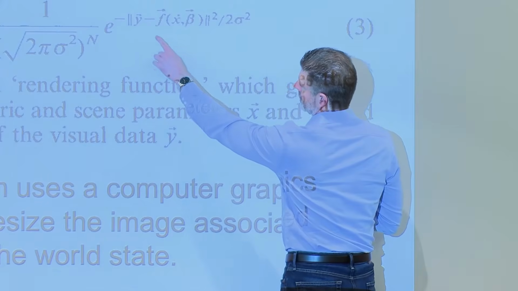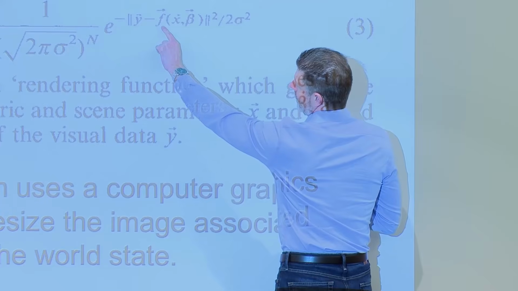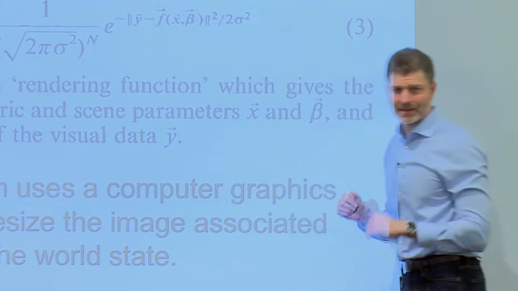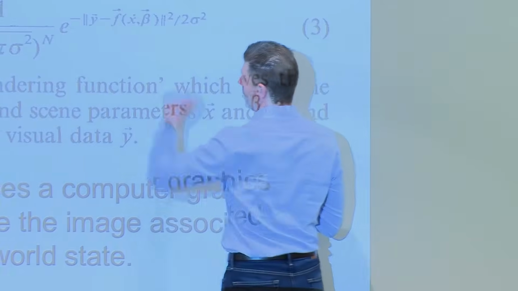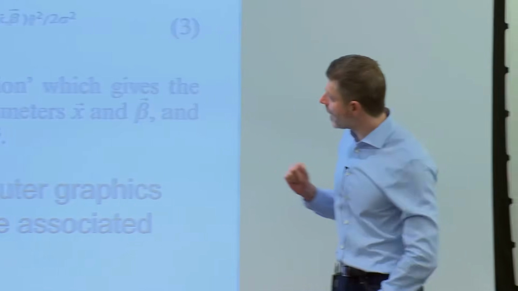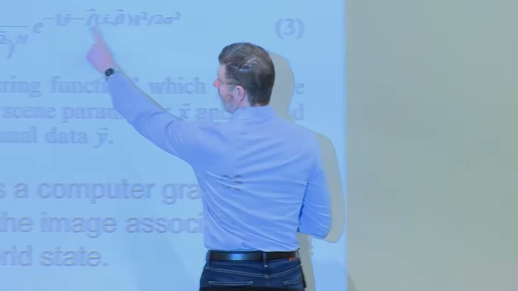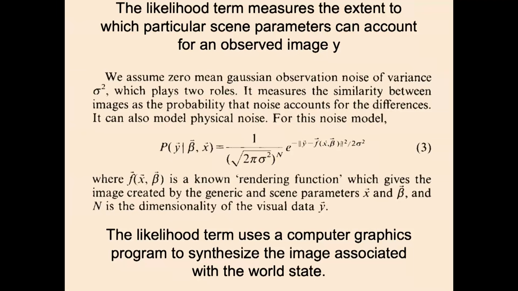The key thing to note here is that we've got y minus this function f of x and beta. Remember, x and beta are the variables that describe the scene. x is the illumination, beta is the shape, and y is the observed image. f here is a rendering function, which gives the image created by the illumination and scene parameters, x and beta.